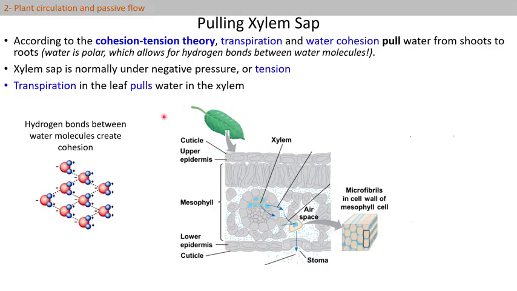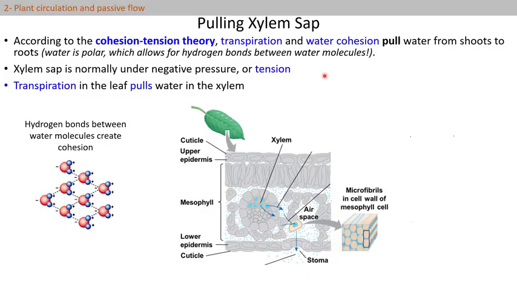We need to go in the leaf. And in the leaf, you know that there are those small pores called stomata. You see a stoma here. And you can have evaporation of water from the leaf into the environment. This evaporation is essentially what generates the whole phenomenon that generates the bulk flow in the xylem.